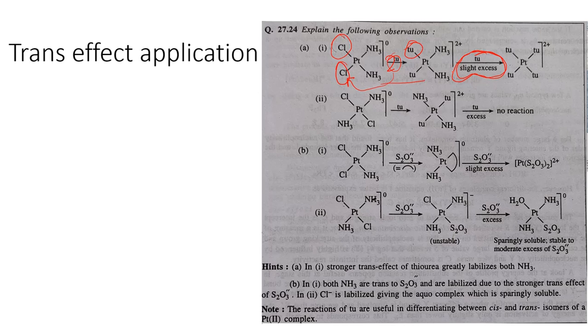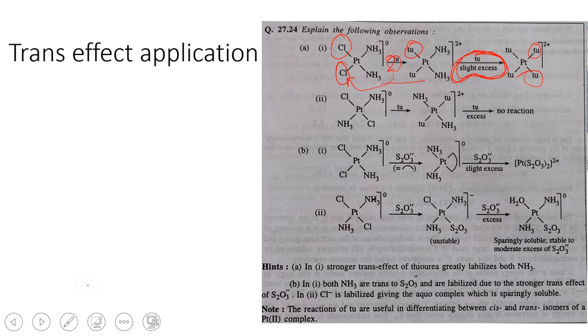Why? Because when we are adding more thiourea, the other ammonia would have to be replaced, meaning everything would be thiourea.